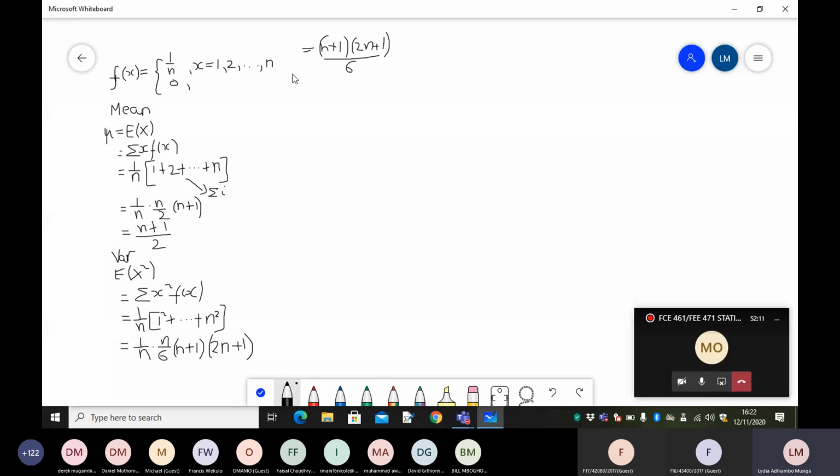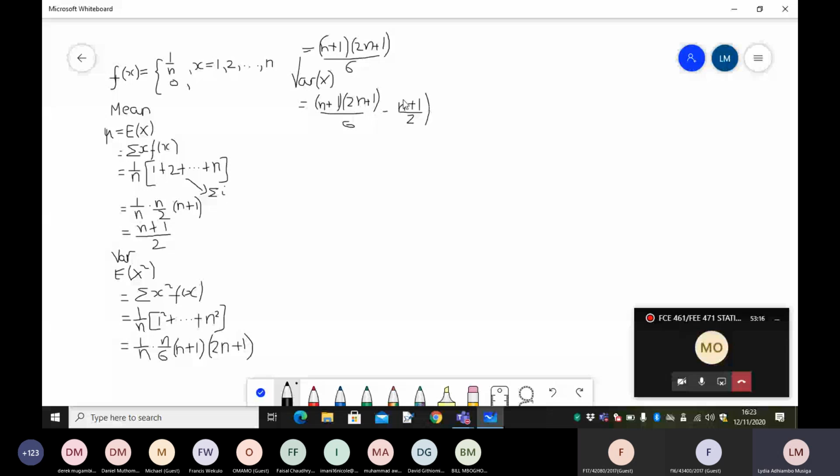So now we can get var x. So the variance will be given by expectation of x squared, which is n plus 1 into 2n plus 1 over 6, minus expectation of x quantity squared, which is n plus 1 over 2 squared.